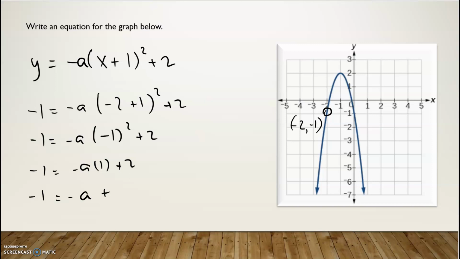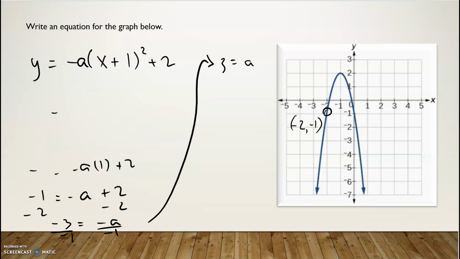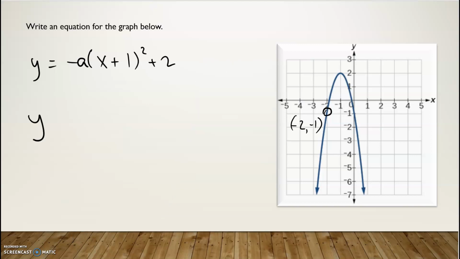It should be A plus 2, subtract 2 from both sides, so -3 equals negative A. So that means divide by a -1, just to get rid of the negative for negative A. So it looks like A is equal to 3 for this one. So we'll get rid of all this. Okay, so our final answer for this one is -3x plus 1 squared plus 2.